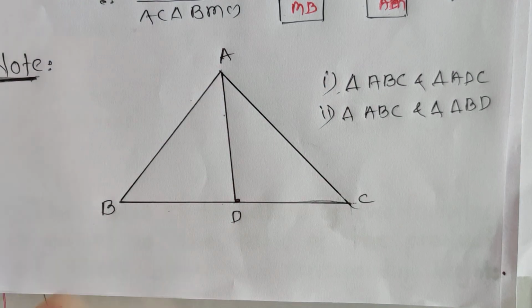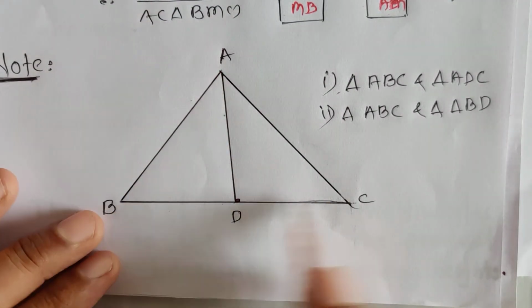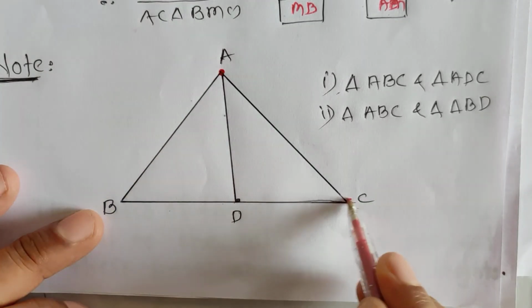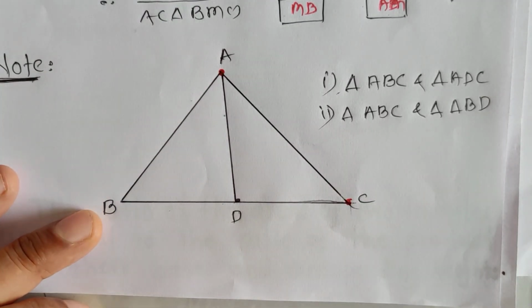If we observe triangles ABC and ADC, here A and C are the two common vertices.